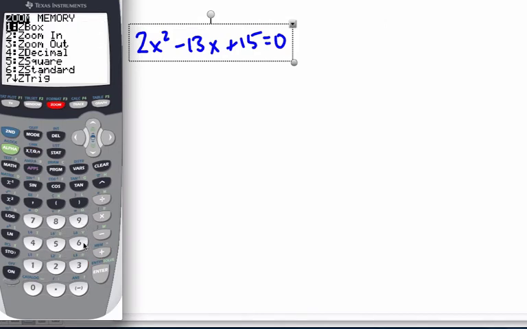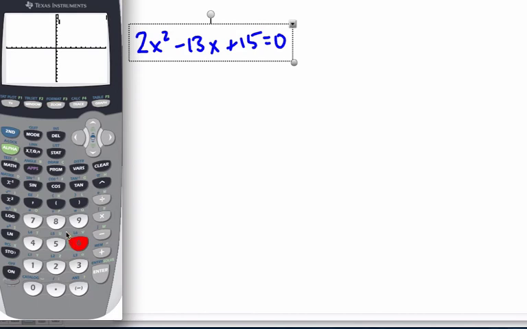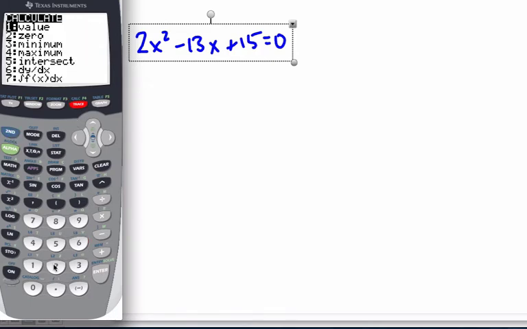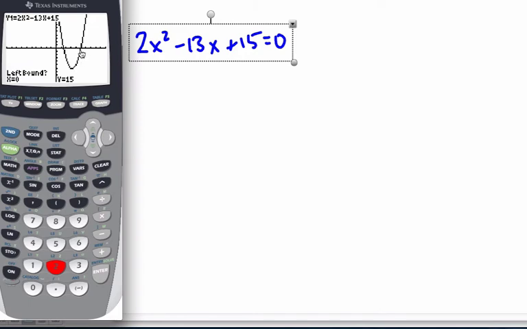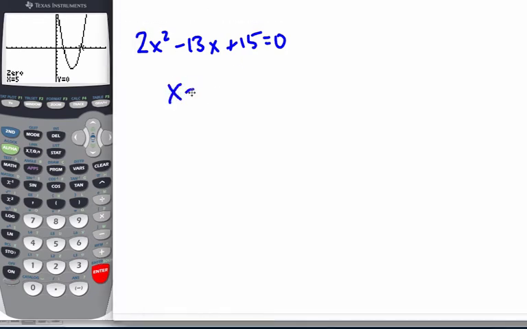And when I graph it, I'm going to go to a standard window. I am looking for the x-intercepts. And I can do that by going second, calculate. I'm looking for a 0. Let's do this one here first. I know it's 5 because I already did it, but the left bound is to the left of 5, which is 4, to the right. And then I guess 5. And there again, I can see that x is equal to 5.